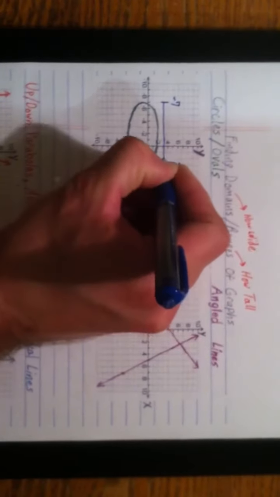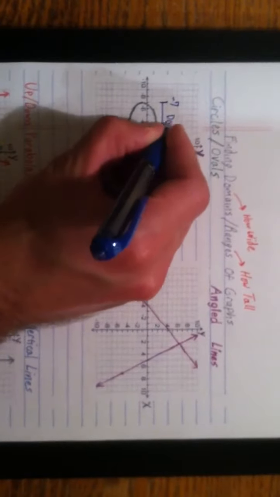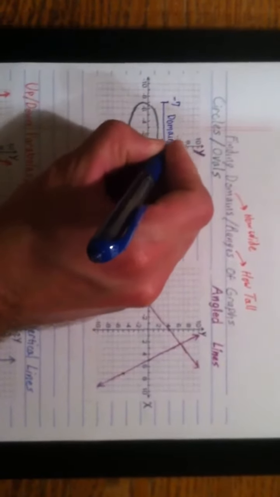So the domain, what are the possible x values that this oval hits through? Well, it really hits through every x value ranging from -7 to +3.